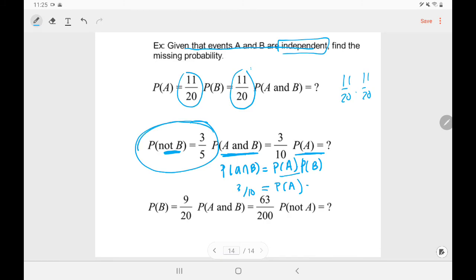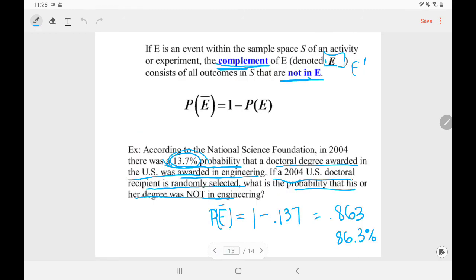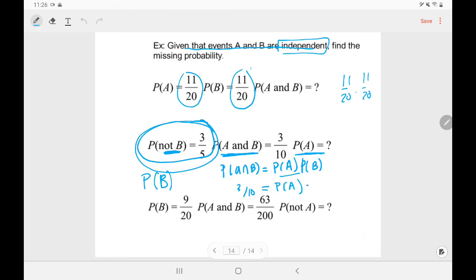But remember, if the probability of not getting B is 3/5, then the probability of getting B, the opposite of not getting B with this complement idea, is 1 minus 3/5, which is 2/5. So the probability of getting B is 2/5.